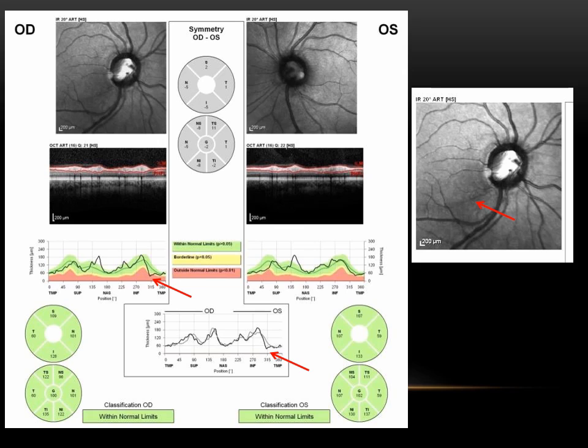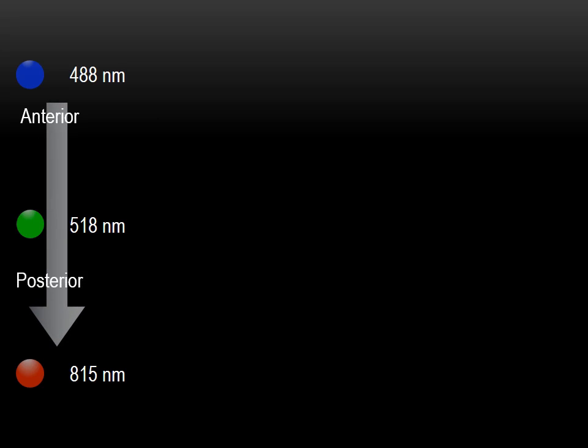So what exactly is multicolor? Multicolor is the combination of three different laser wavelengths: the blue, the green, and the red. The direction of imaging goes from anterior to posterior, or inner retinal layers to outer retinal layers.